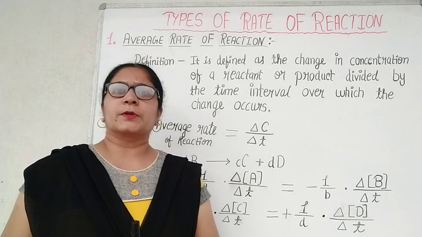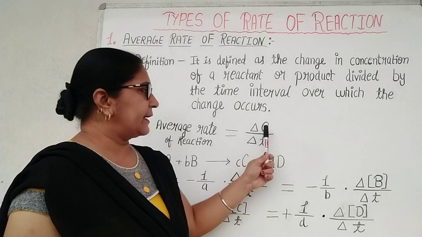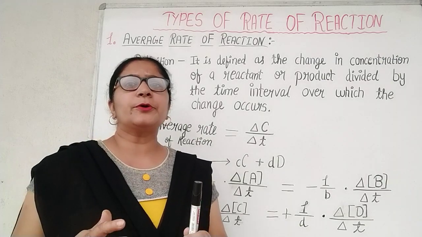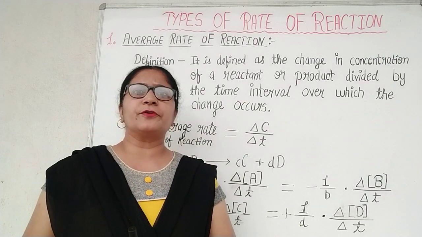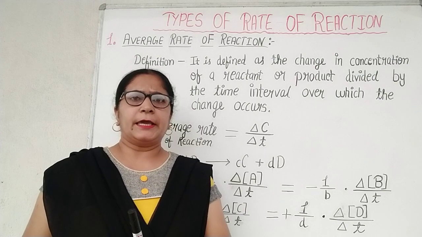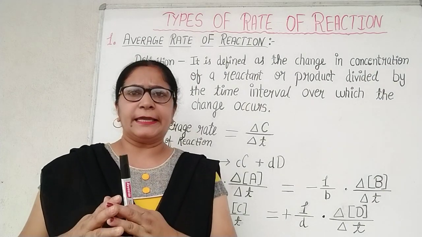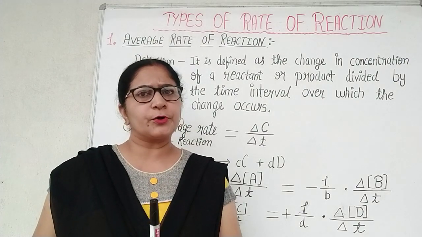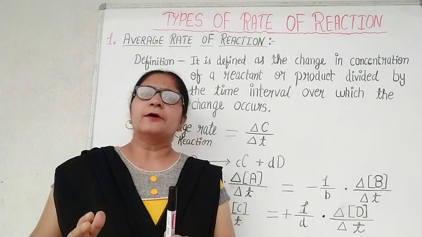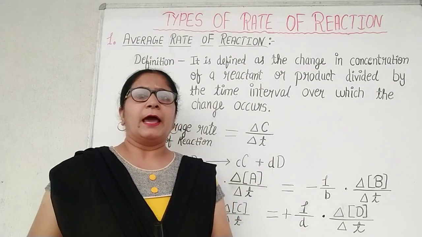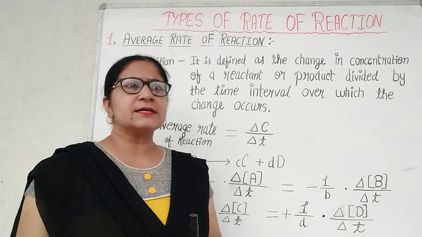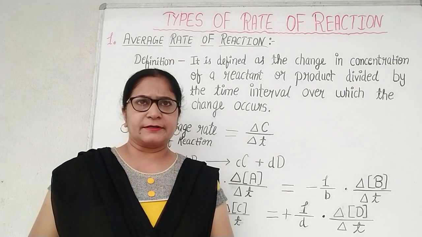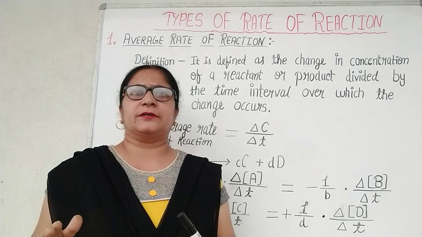So we can determine the average rate of reaction more easily if we have the initial and final concentration of the reactant or product, and the initial and final time.